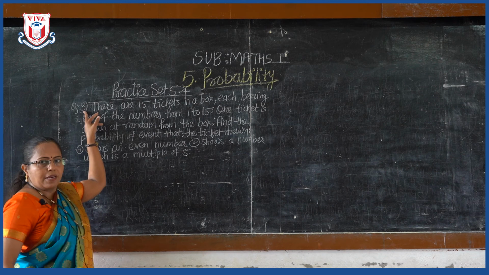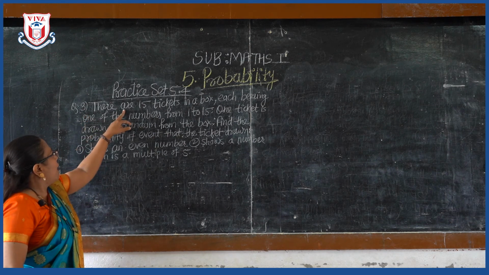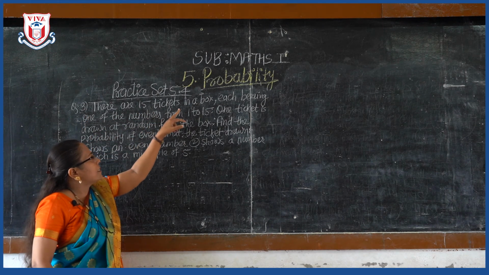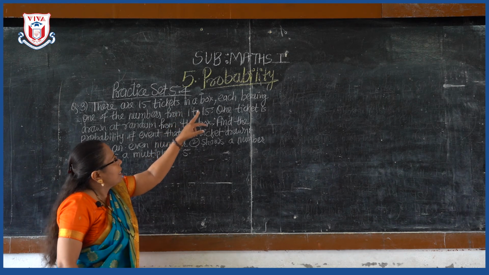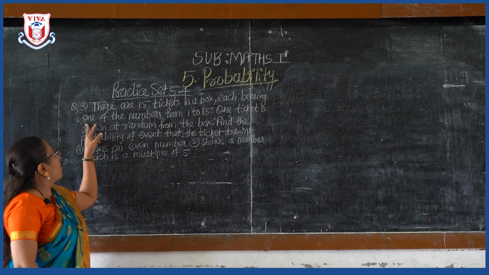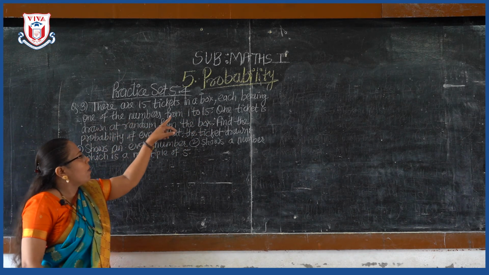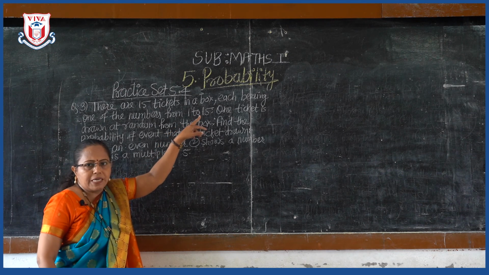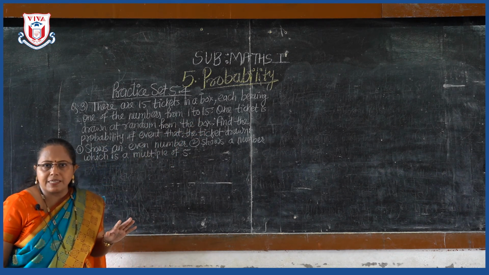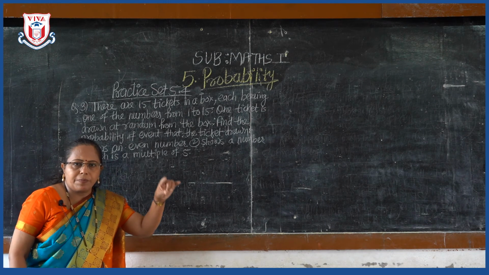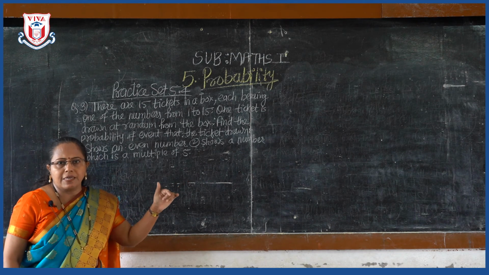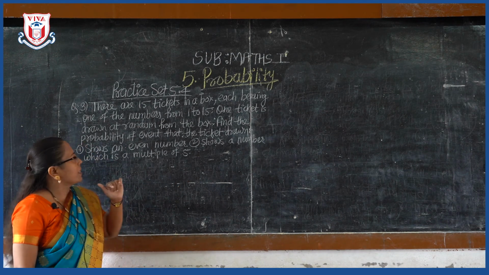Question number 3. There are 15 tickets in a box, each bearing one of the numbers from 1 to 15. There are 15 tickets in box, and on each ticket one number is written from 1 to 15.